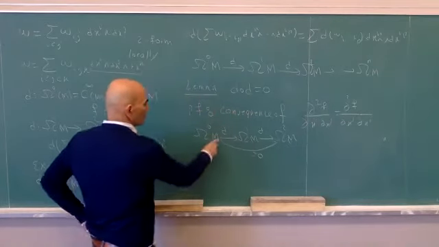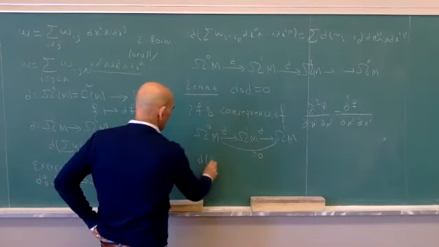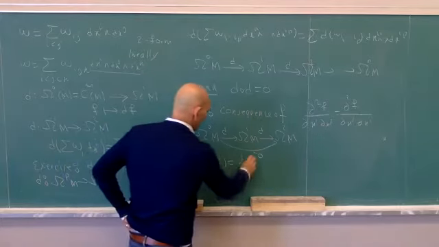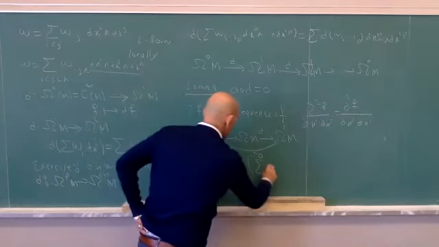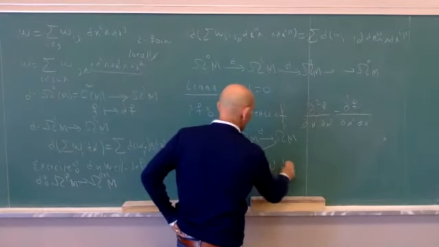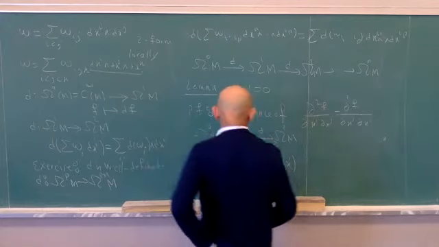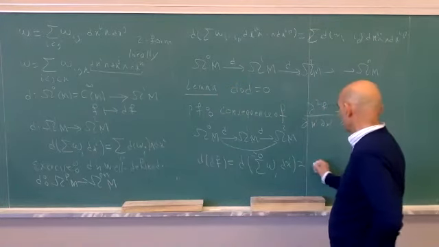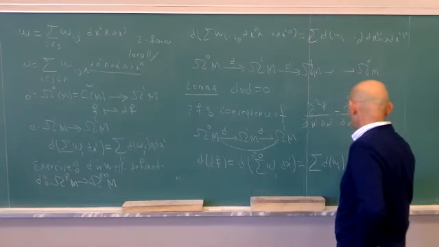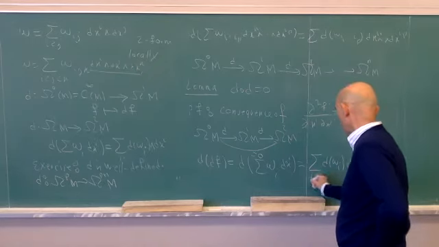So what we have to do is take d of df, right? What is that? That's d of the sum of df over dxi dxi, which is equal to the sum of d of df over dxi dxi.